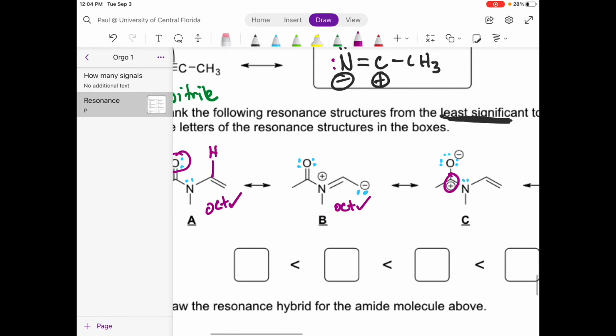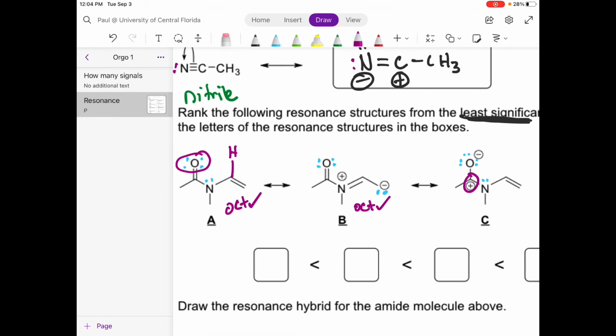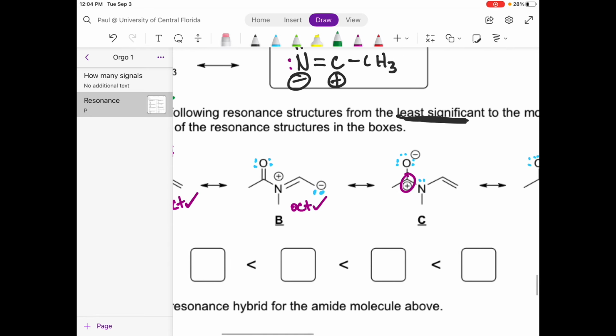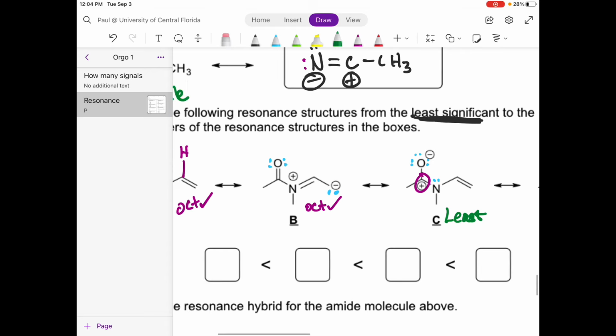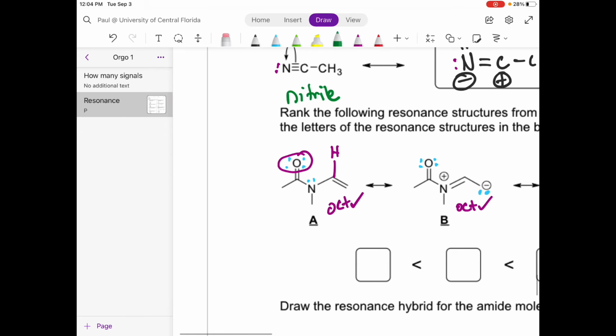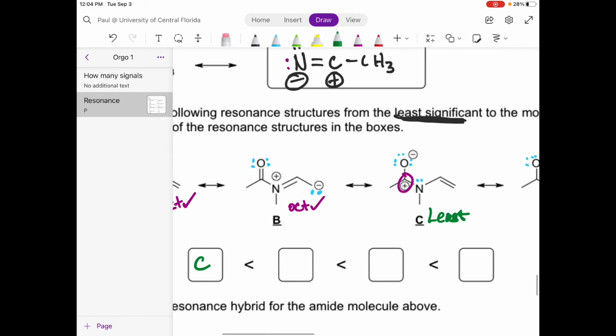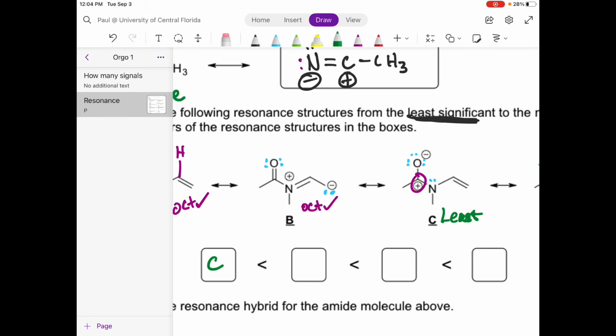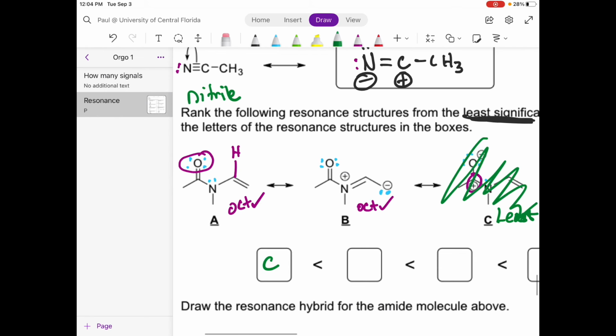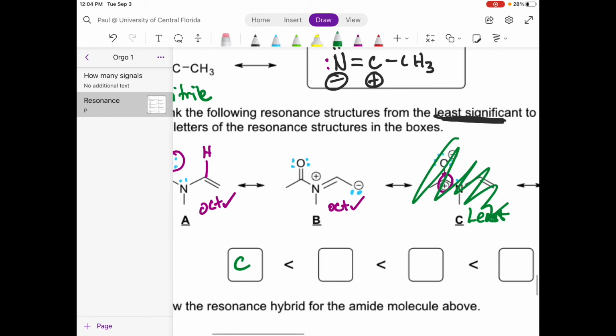So from that rule 1 analysis, what we can say is that C is the least significant. And so that would go there. That's the least significant, so we can kind of scratch that one off. We already have that accounted for. Now we have to make a judgment call between A, B, and D.